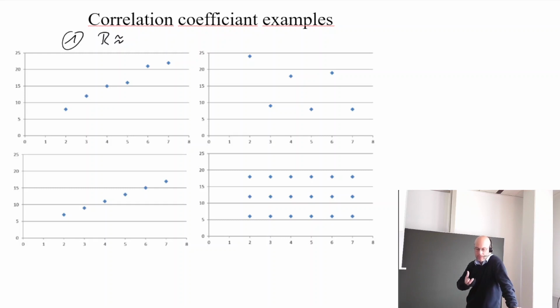Do we have quite a high dependence between X and Y? Do you think in the first case we have maybe a dependence shown by our correlation coefficient of 0.1?